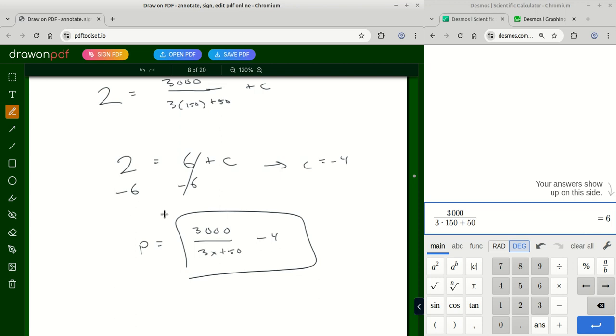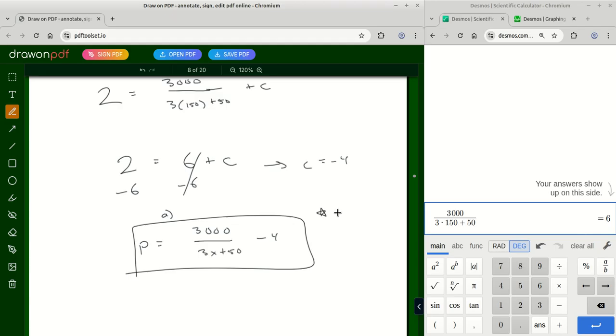That was part A. Oh, no. Hold on. They actually need you to type the P equals. I have a little note here that says the P equals is required. So watch out for that little guy, okay? You have to type the P equals also.